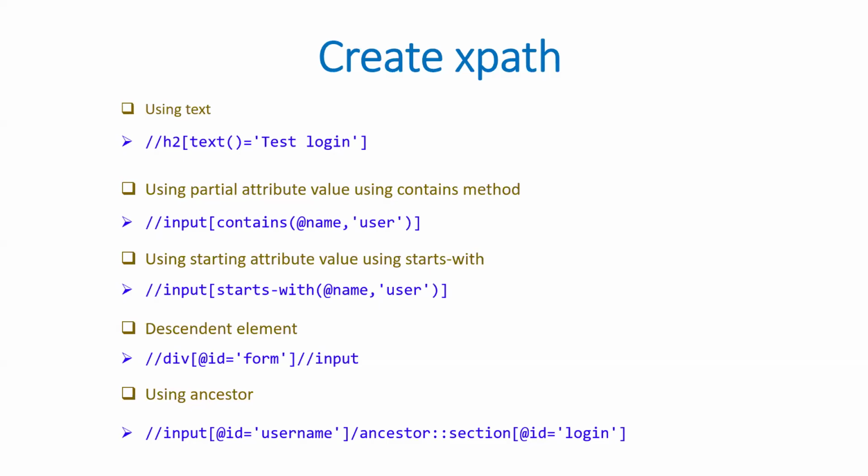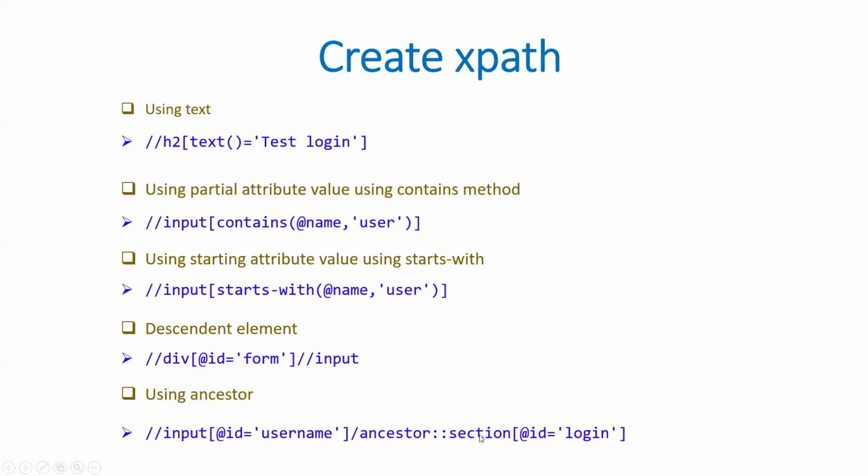So that is a tree, the parents tree. Ancestor defines a parents tree. Okay, guys. So I want to find one parent in the parents tree with the name section and with attribute ID value login, in the parents tree of this input element.